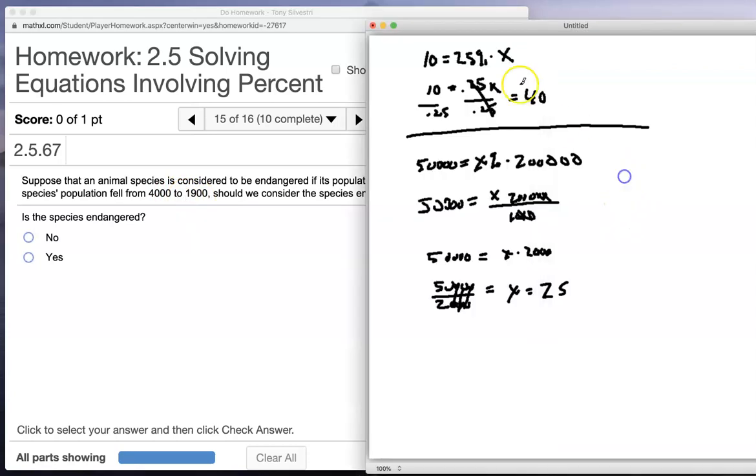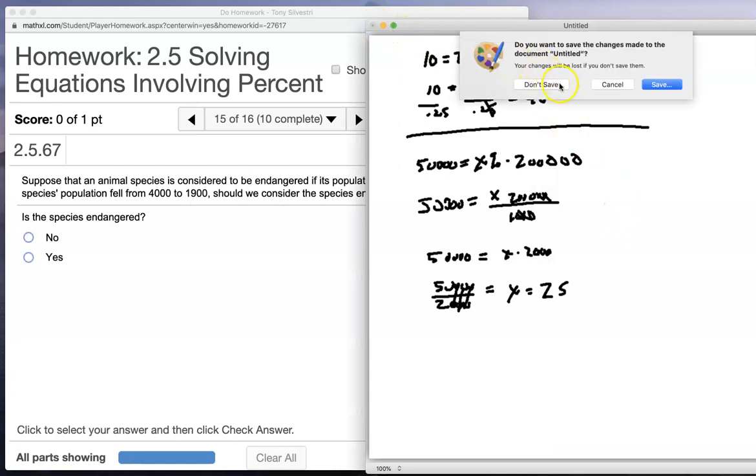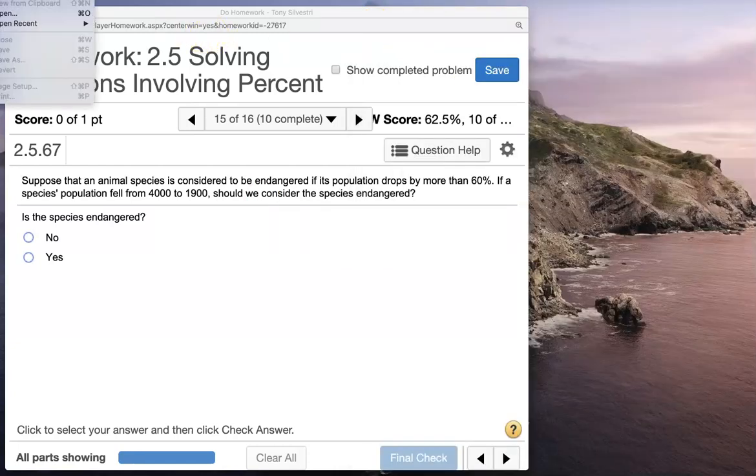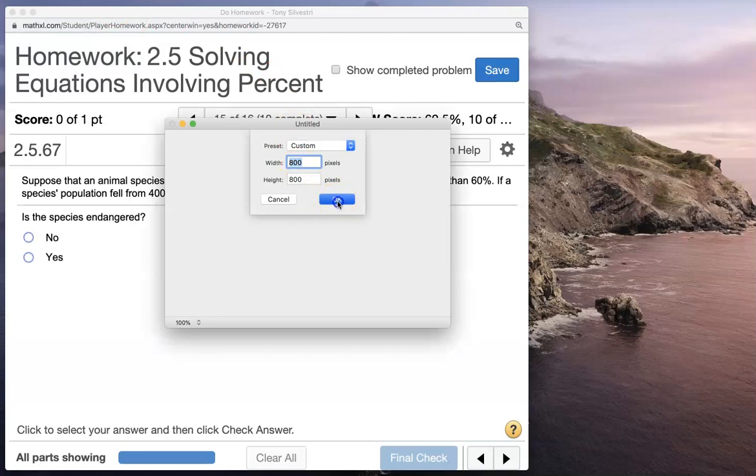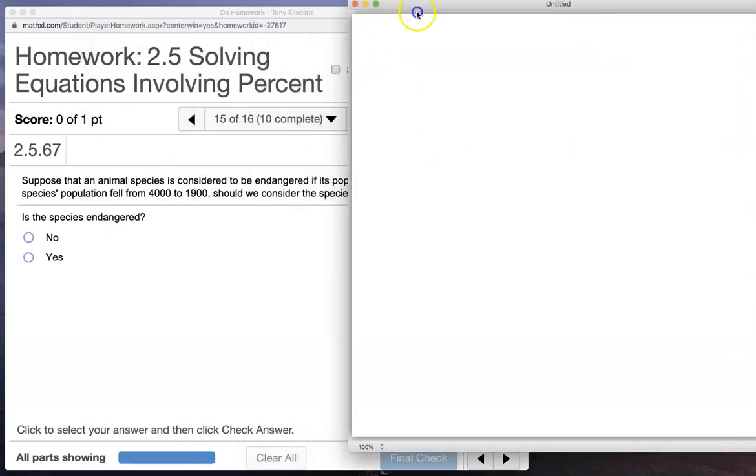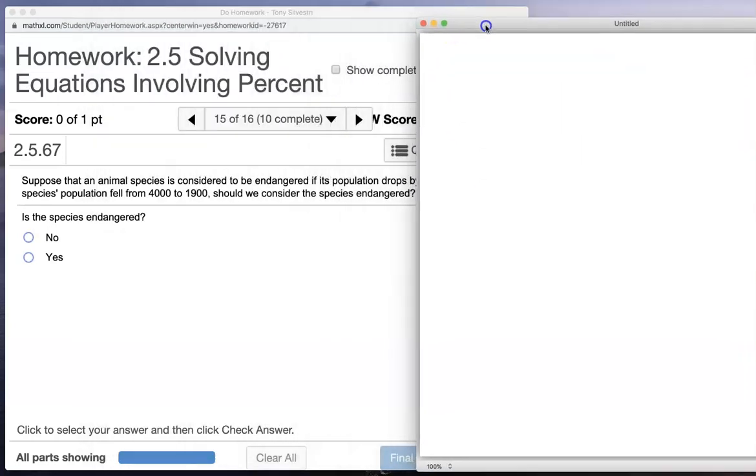Let's get a new sheet of paper before we do that. File, new. All right, so here's what we're going to do. I'm going to take 4,000, the original number of animals, minus 1,900. I don't think we need all that stuff that we learned before for this problem.